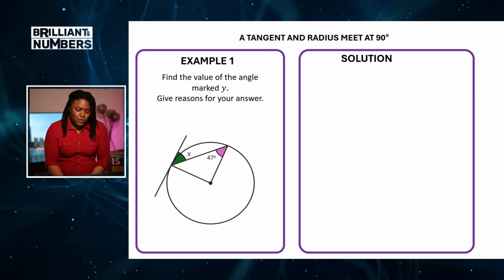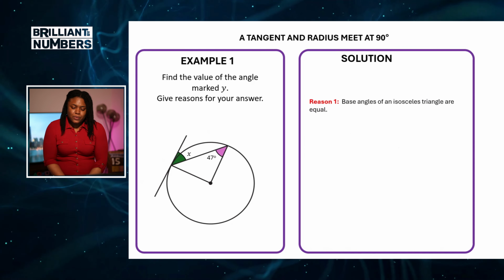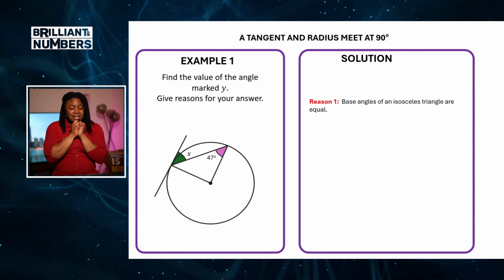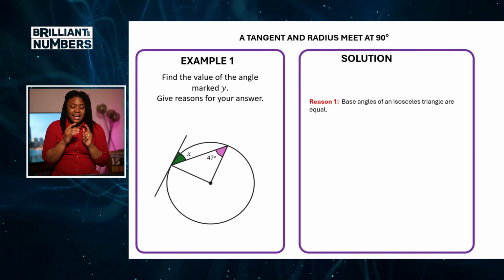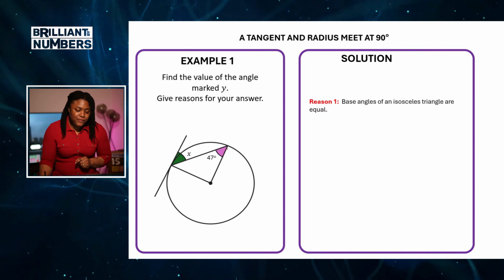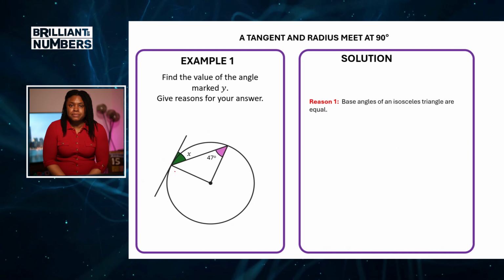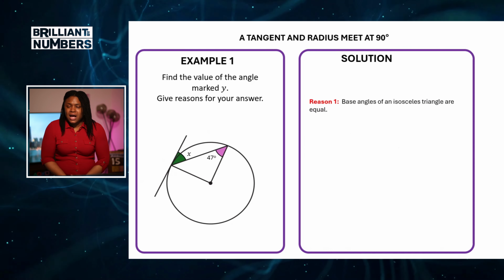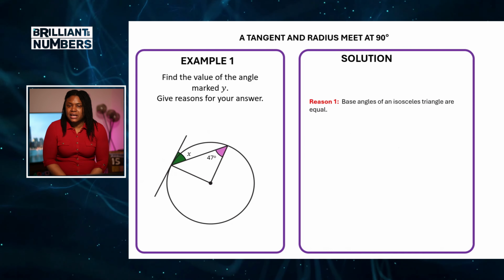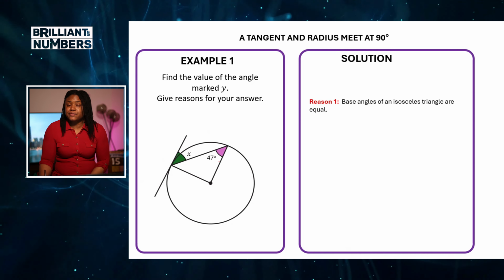So here, first reason that I'm going to use to unlock this question. If I look clearly, I can see that I have 2 radii. And therefore, the lengths of these 2 sides of the triangle are going to be the same. Clearly, I have an isosceles triangle here, which means that this angle here is 47.